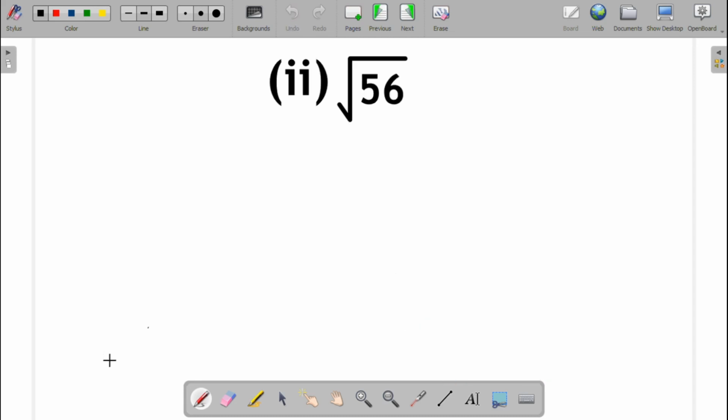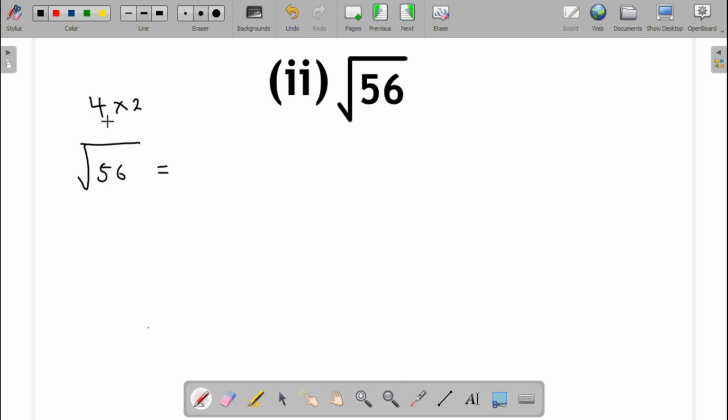The next question is that we have to simplify root 56. Also, to simplify this, we need to look for a perfect square number that will be multiplied with another factor that will give us 56. Now if we think of 4 times 2, 4 is a perfect square number.